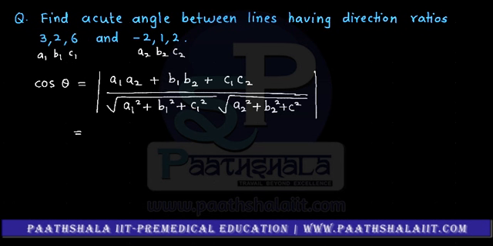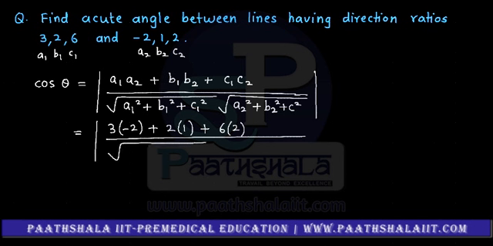So we put in the values. Therefore we have 3 into -2 plus 2 into 1 plus 6 into 2, divided by root of 3 square is 9, 2 square is 4, plus 36, into root of 4 plus 1 plus 4.